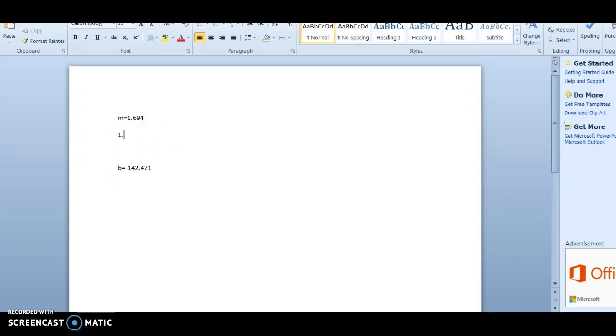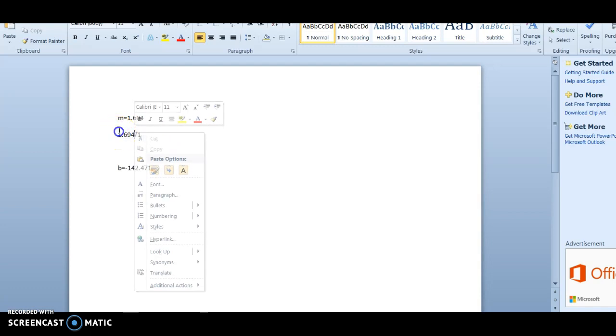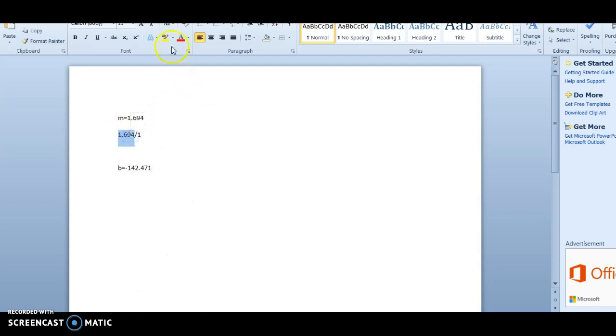Think about this as 1.694 divided by 1. I like to write it as the vertical fraction. So think about this as 1.694 over 1. The top number tells you the change in y.